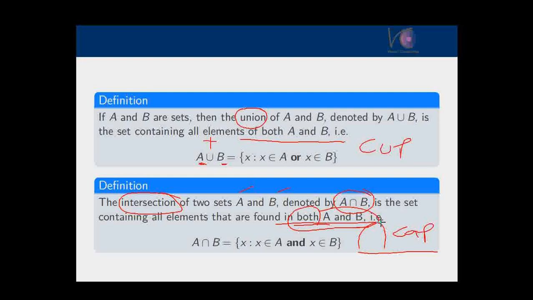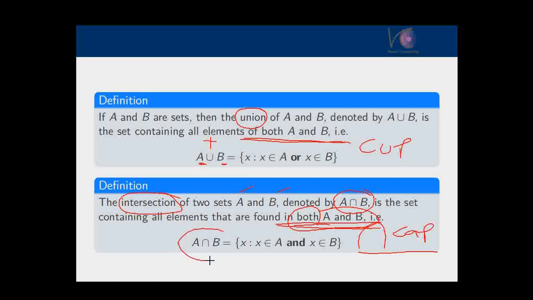For the union of A and B, that implies that you are looking for the elements of set A and of set B. But when we say in both A and B, what we imply is that you should have a common element that is found in set A and in set B. Mathematically, this is how we define the intersection.